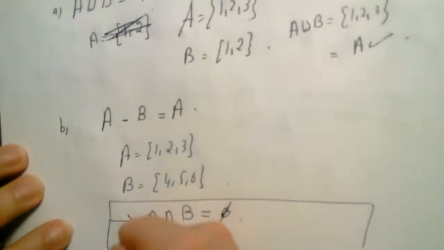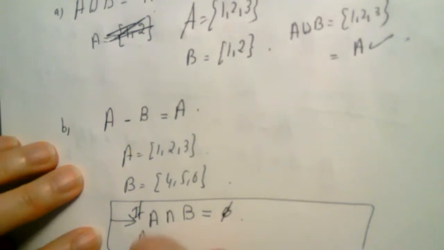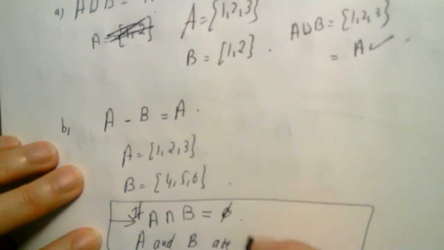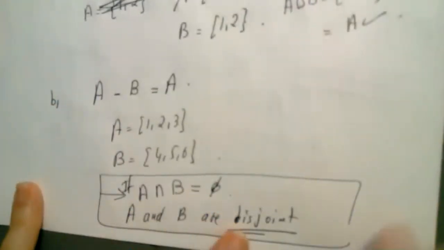So if A intersect B is empty, we say that A and B are disjoint sets. So disjoint means that the intersection is empty.